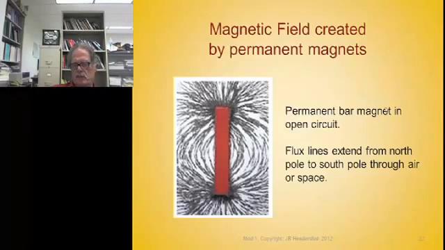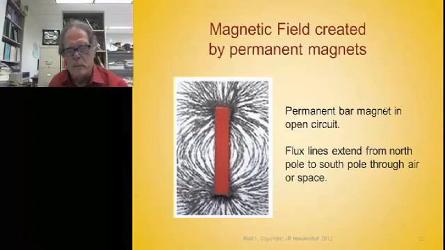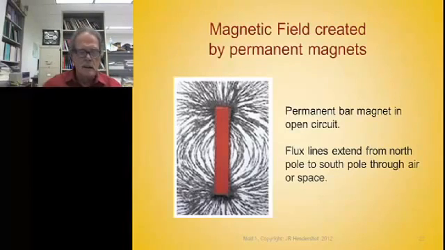Now, this force field is something you can't even see unless you put a piece of paper over the top of the magnet and sprinkle some iron filings on it, and then you see this pattern of flux lines. Mathematically, we can use a finite element solver to display it graphically, and we can plot these flux lines in an equal potential plot, which we'll see some of later.